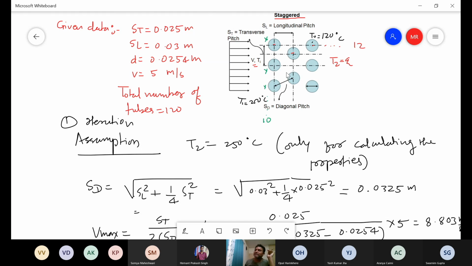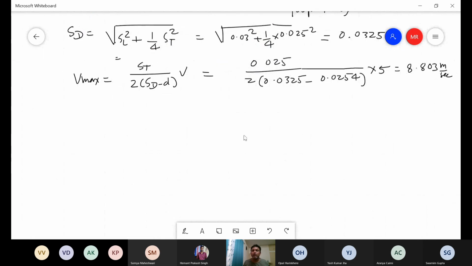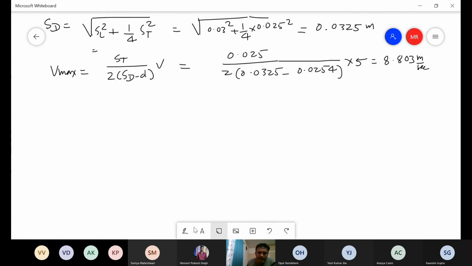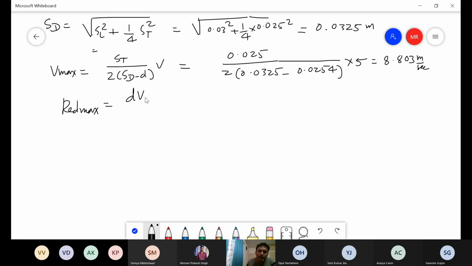But as you can see, in order to find out the total amount of heat transfer, one needs to find out the heat transfer coefficient. Therefore, first we have to find out the Reynolds number. Once we know the Reynolds number, we can use the correlation and find out the heat transfer coefficient. So Reynolds number Re_D max is nothing but D V max rho by mu.